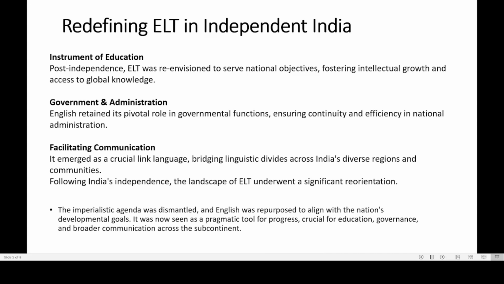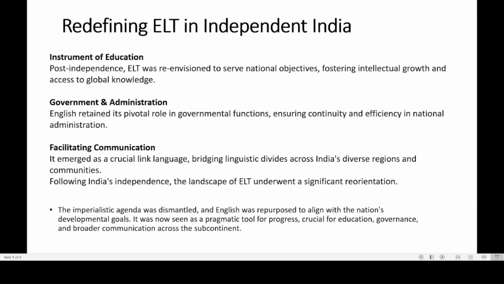Dear students, we all know India became independent in 1947, and after independence, Indian leaders had to make an important decision. And this decision was related to this language. They were confused. They had this dilemma: should India remove English completely or should it continue using it?